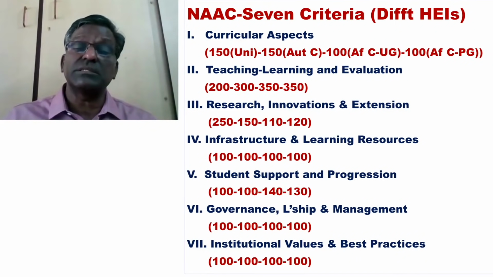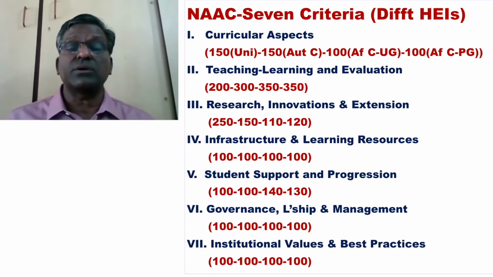It is the affiliating university, it is the parent university that decides on the curriculum. And all that the affiliated college has to do is to implement the curriculum. So therefore, the weightage for affiliated colleges, both UG and PG, is only 100. So therefore, the differential treatment.